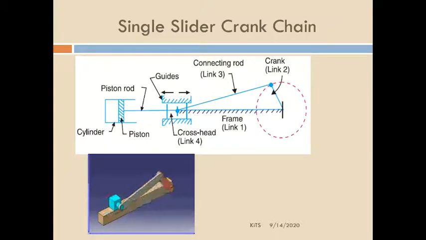Why do they call it a single slider crank chain mechanism? Because it has one slider and one crank. When the crank rotates, the slider will reciprocate. This is the process of the single slider crank chain mechanism.